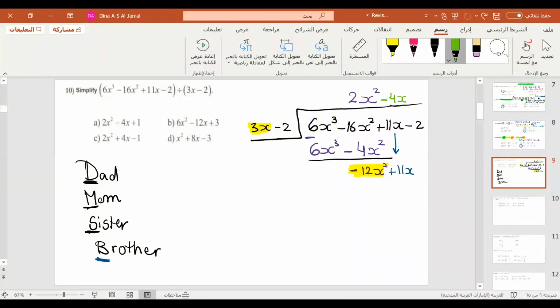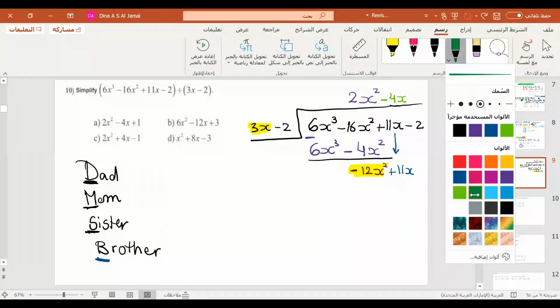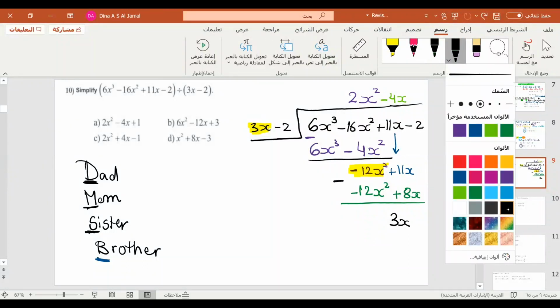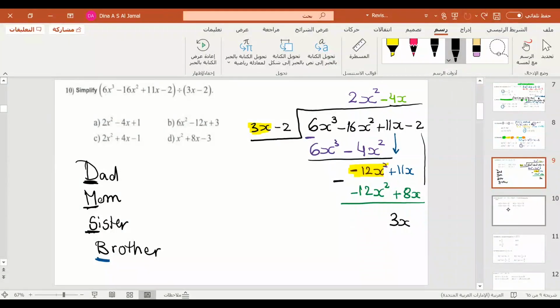So you will be having minus 12x squared, then minus 4x multiplied by minus 2, it will be plus 8x. Then sister, subtract. After this, what you need to do is that you will be having 3x. Lastly, brother, bring down. And you will be bringing down minus 2.